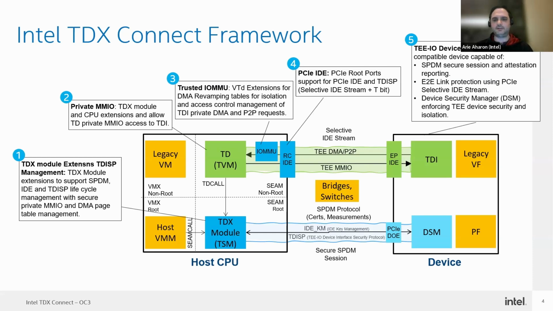The last component, on the right-hand side, is the TDISP-compatible device, which supports the standard SPDM secure session establishment and attestation reporting, supports the same IDE protection over the link, and has the device security manager, which is the device firmware that enforces the TEE isolation within the device and enforces the lifecycle management of the device assignment to the TEE.